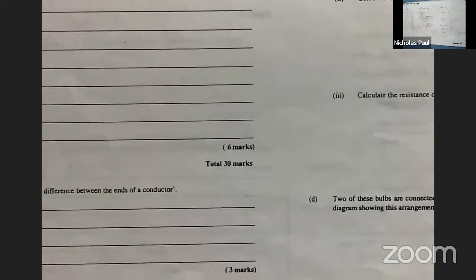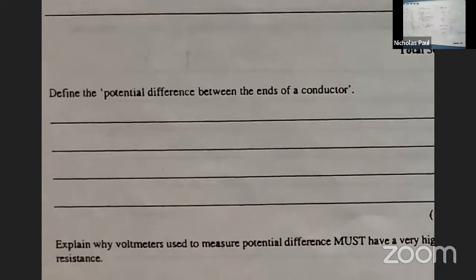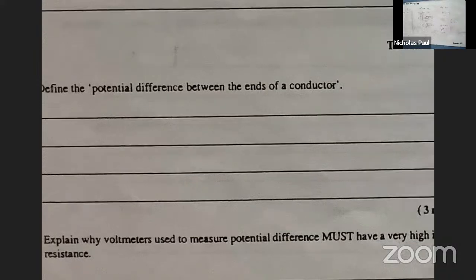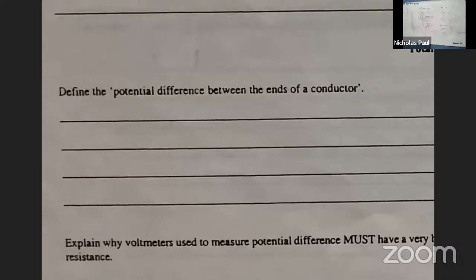All right. Define the potential difference between the ends of a conductor. What will be a definition for that? If you had to make up your definition for that. A little more than that, it is 2 or 3 marks. What would you say?